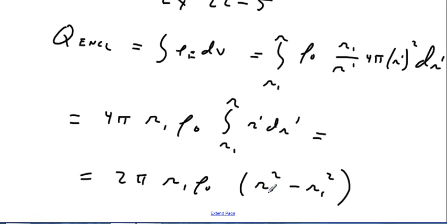Okay, so this would be R squared over 2 minus R1 squared over 2, but that over 2 got divided into the 4. That's why I have that 2 out there.